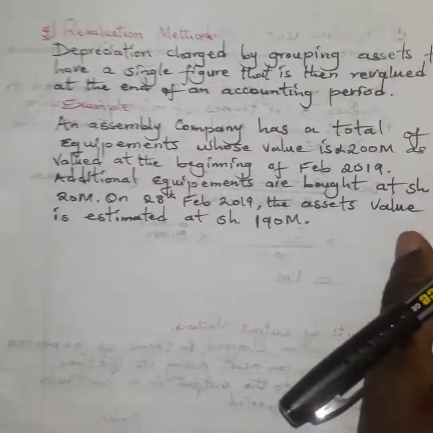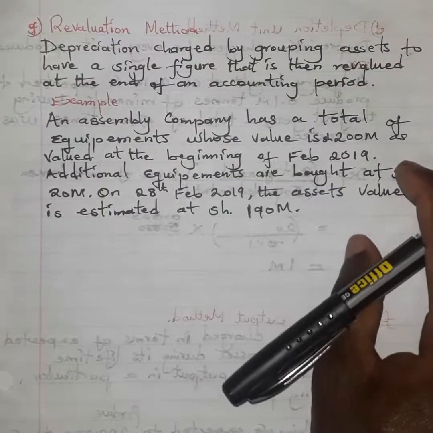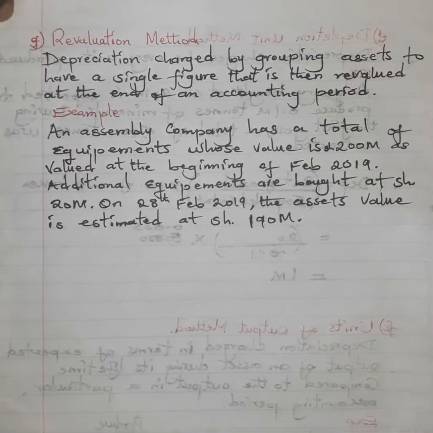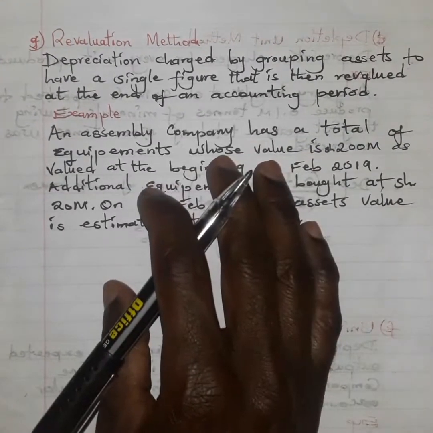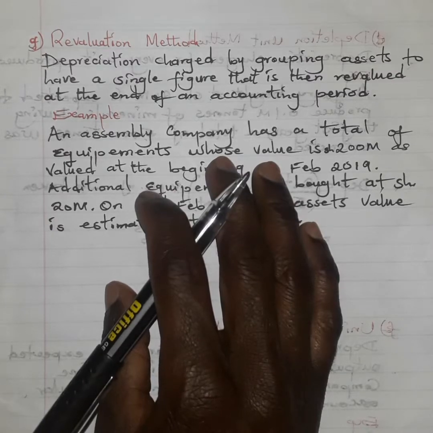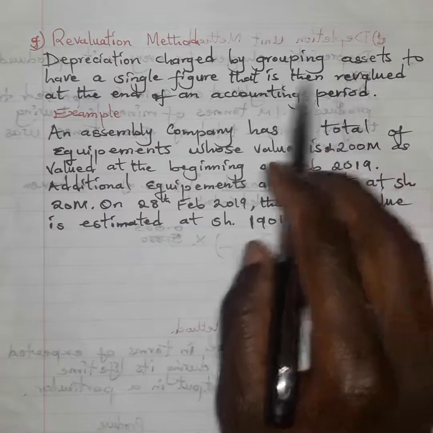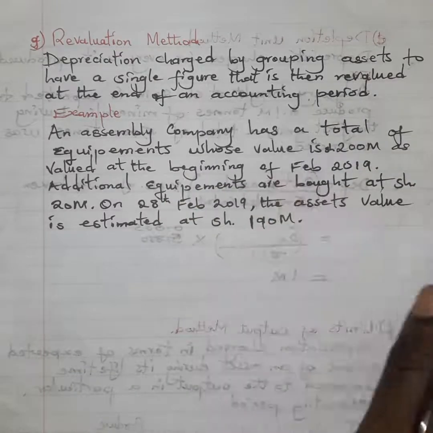And then finally we go to the last method. I know it has been a long journey, and we're talking about what is known as the revaluation method. Now under the revaluation method, depreciation is charged by grouping assets to have a single figure that is then revalued at the end of an accounting period.